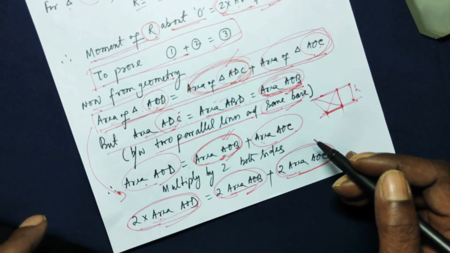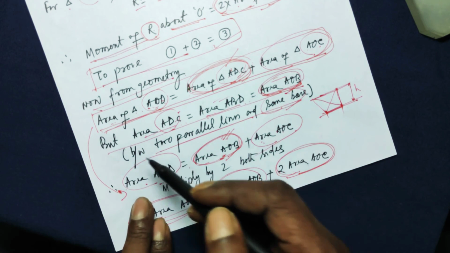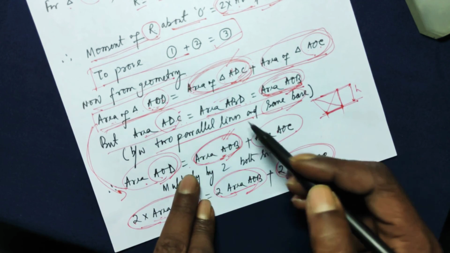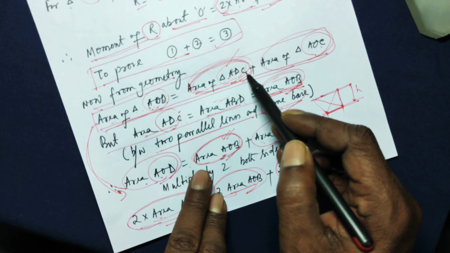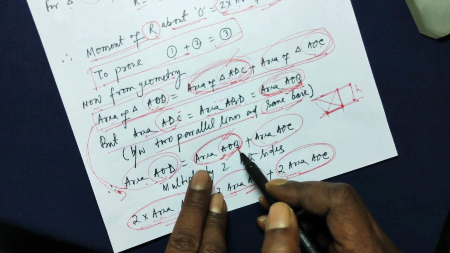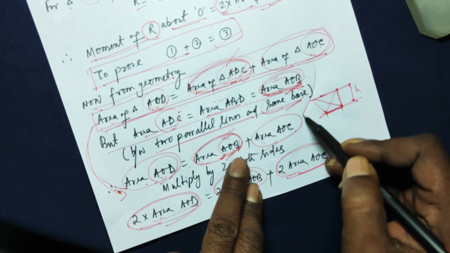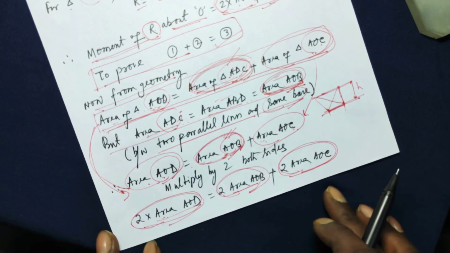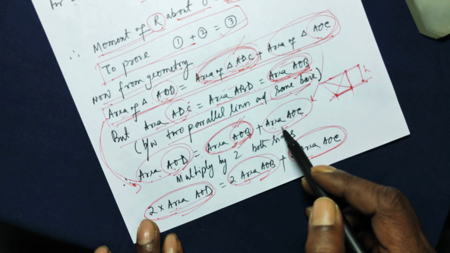Now look at now. So area AOD, instead of area ADC, now I can write area AOB since they are between two parallels, and this remains as such, area AOC. Now what do I do? I multiply this side with 2 and this side with 2.